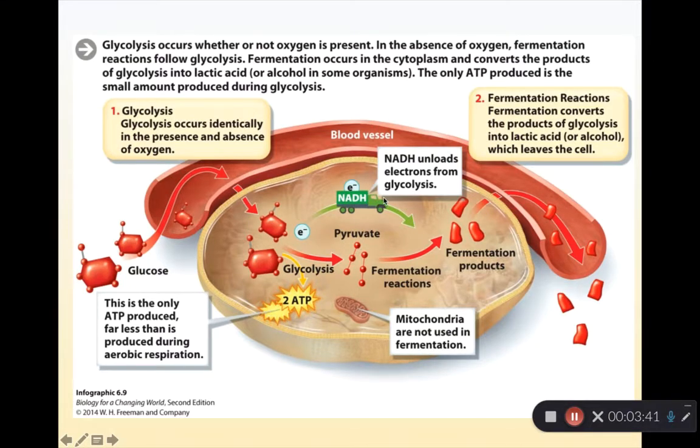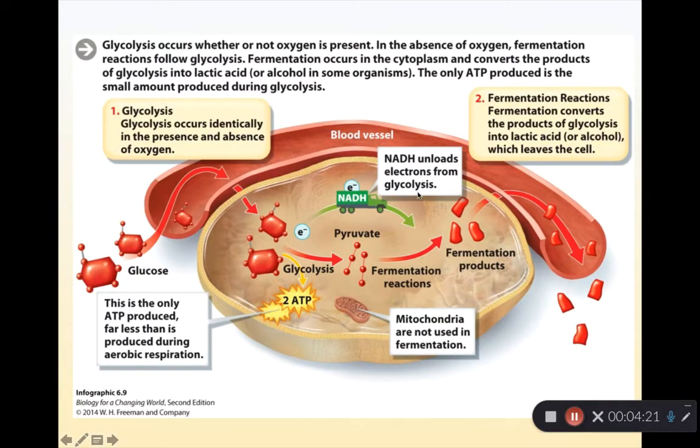What's important to note is this step right here, where we have this NADH. What we need for fermentation to occur is this excess of NAD plus in order for this to process through. In your quiz, I'm going to have you watch a video that examines this pathway more closely, so you can understand the different products and what is needed to create this process of ATP. However, it's important to note that far fewer ATP are produced in this process than in aerobic respiration.